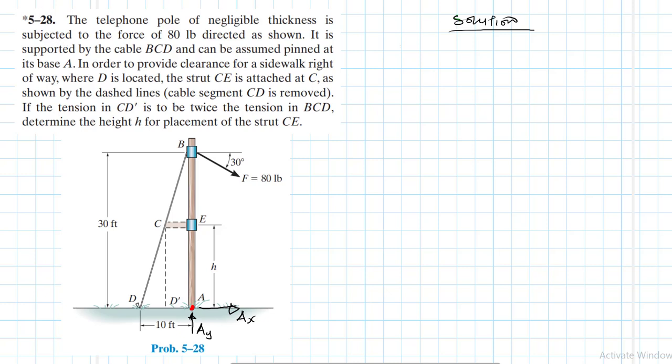The tension in BCD we are taking as T. The tension in the new cable, which will make a turn at the connection point of the strut at C, going down like this in green, the tension in CD prime is going to be equal to 2T.